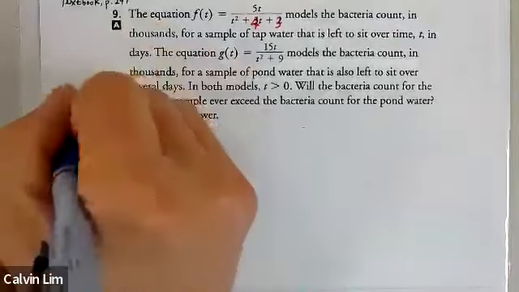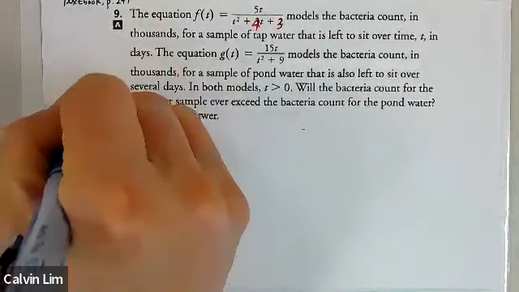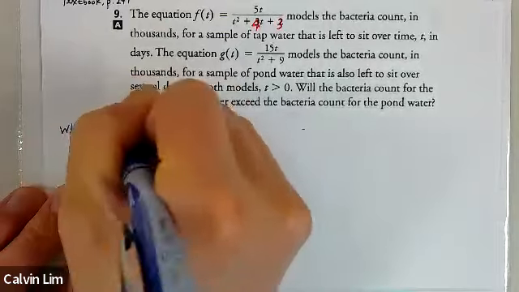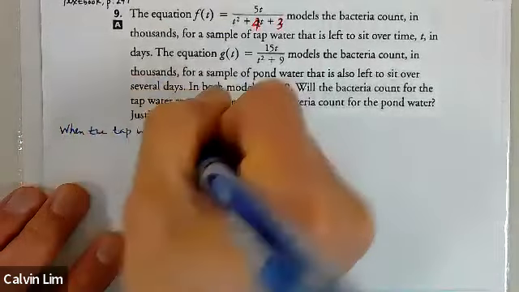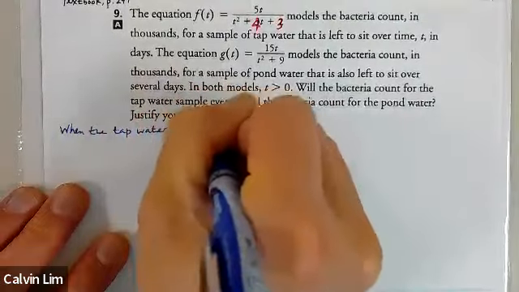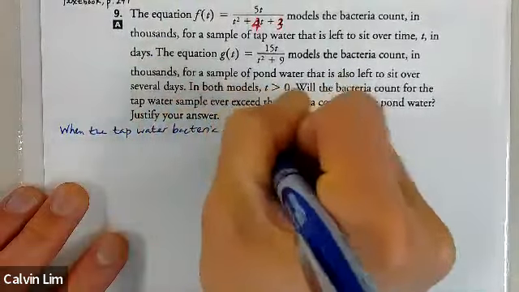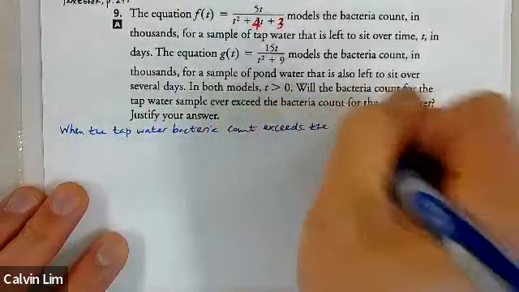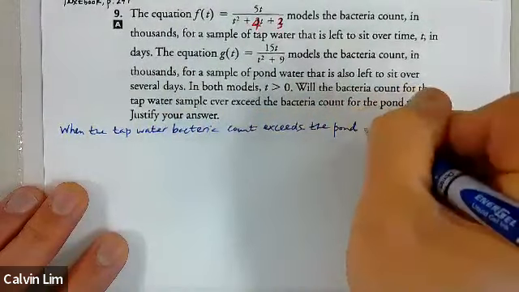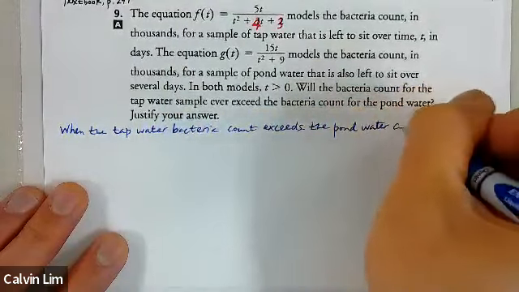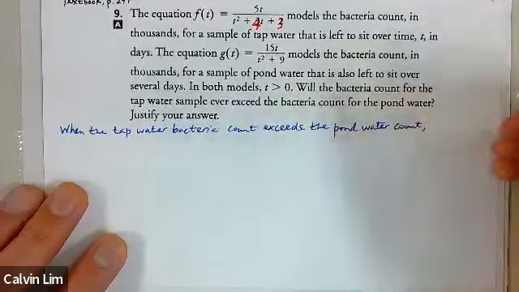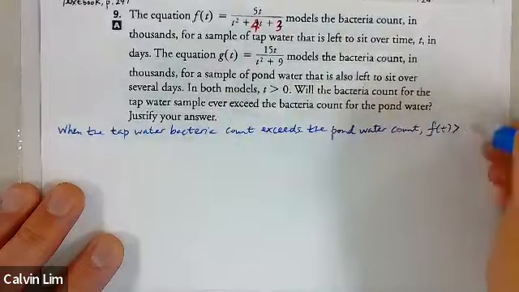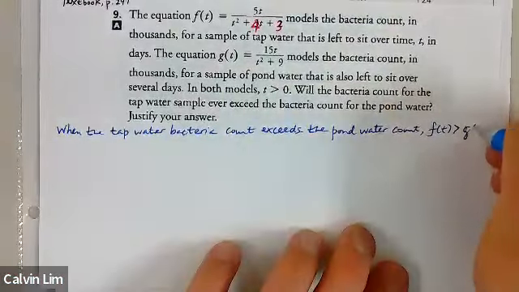So now, when the tap water bacterial count exceeds the pond water count, f of t will be greater than g of t. Exceeds means greater than.